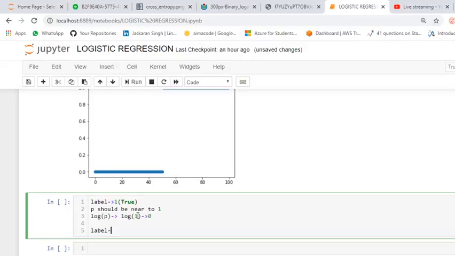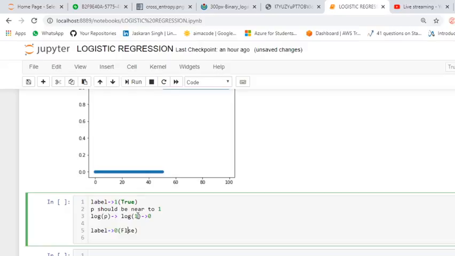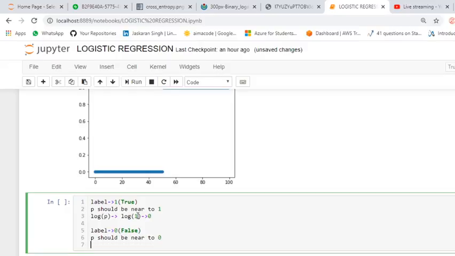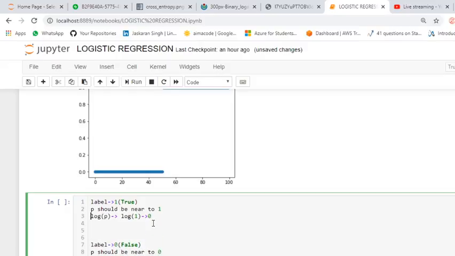So this is half the part. Now what if the label is 0, that is false? We need p to be near to 0. So we can simply say log of 1 minus p would become log 1, which comes out to be 0. But what if we used log of p when p is near 0?